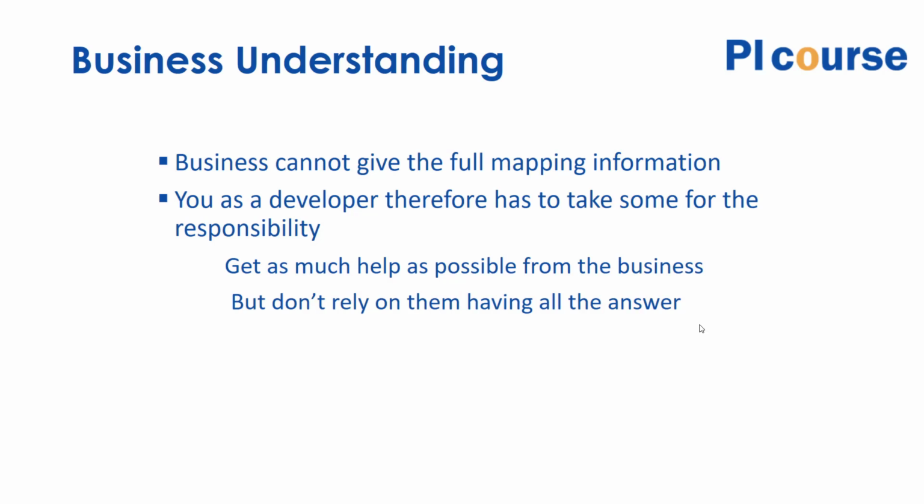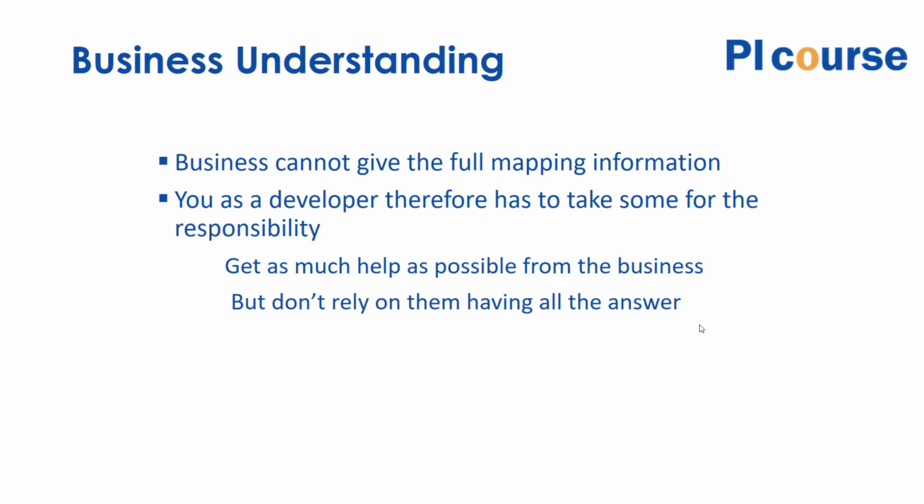The challenge is, most of the time, the business doesn't know how we should perform the mapping. So they would say, we want to convert from this document to this document, but they don't really know how they connect to each other, and what the benefits are of using one versus the other. So sometimes you as a PI developer need to play this role of figuring out, is this correct?